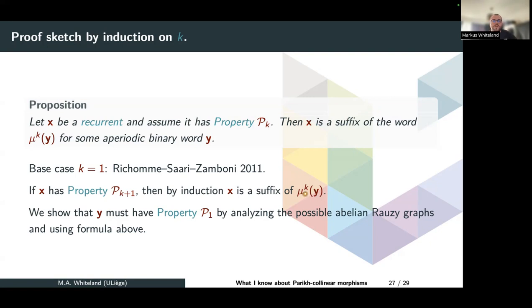And what we show is that this word y appearing inside as the argument actually is the image of a binary word under the two-or-more morphism. And what we do is we look at the possible abelian-Rossi graphs of this word y and use the formula that we derived in the previous slide.